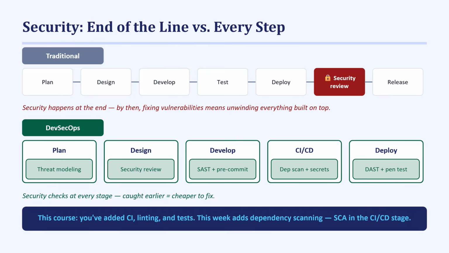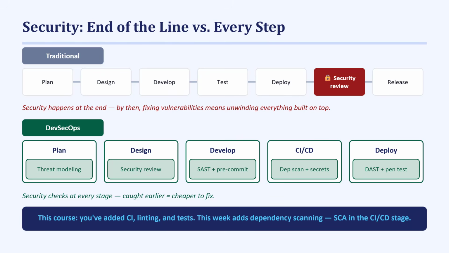So the DevSecOps model builds threat modeling and thinking about those vulnerabilities into the plan, and bakes a security review into the design process. So before we even write any code, we add SAST, that's static application security testing, plus some pre-commit testing into our development phase. We have dependency scans, and secret scans, looking for accidentally checked-in secrets in our repo during that CI/CD step.